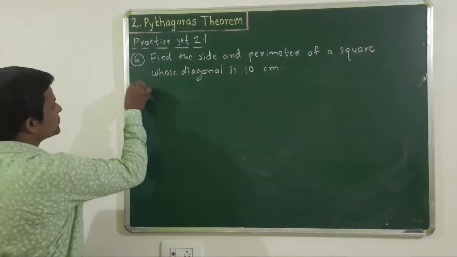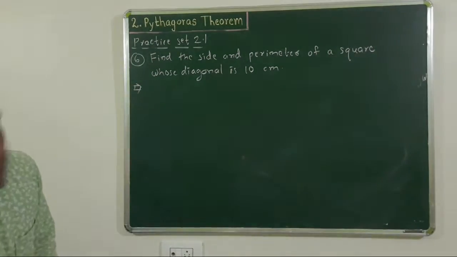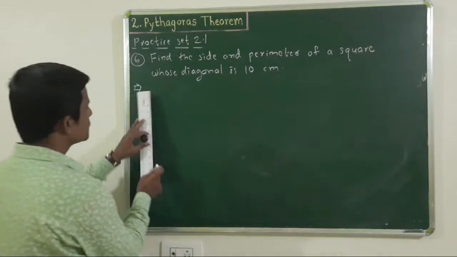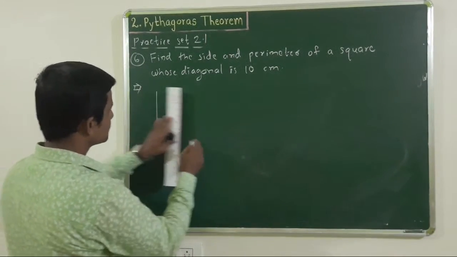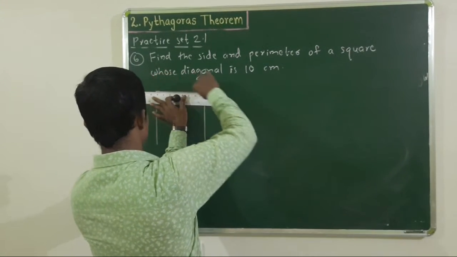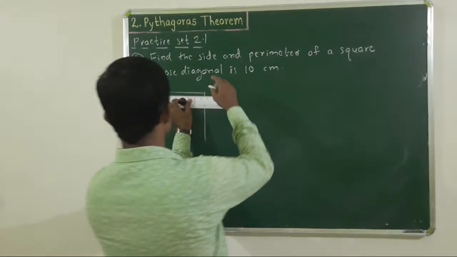Diagram is not given, we have to draw a proper diagram. Means we have to draw a square. Suppose square ABCD. Square means all the 4 sides are congruent, all the 4 angles are right angles or congruent.